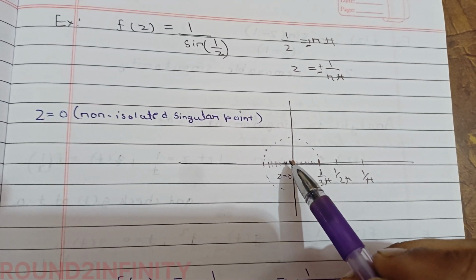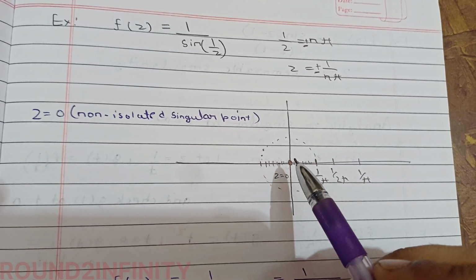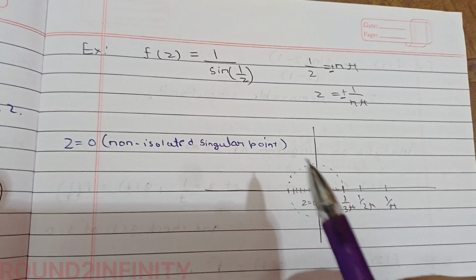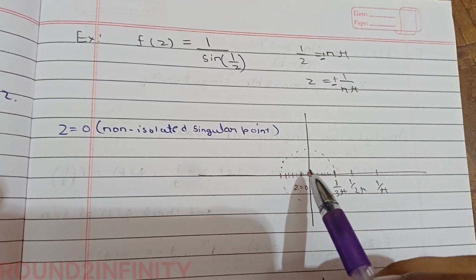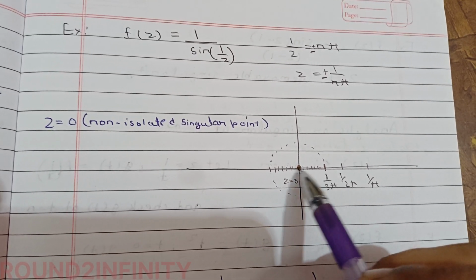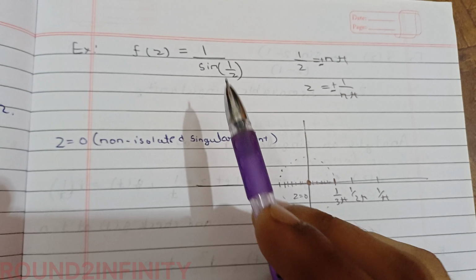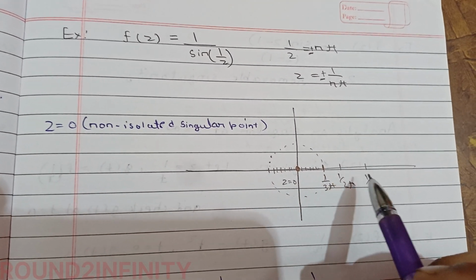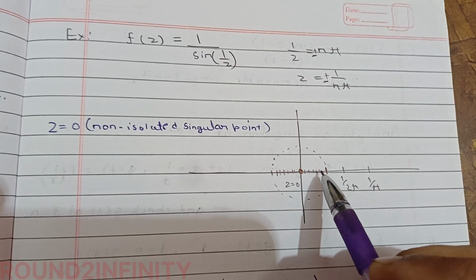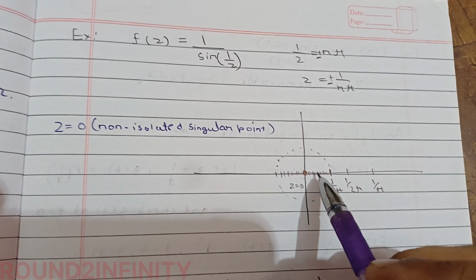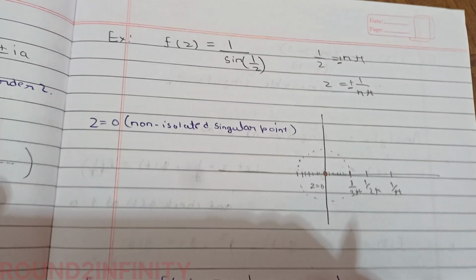So z equal to 0 is a non-isolated singular point. This is the example of a non-isolated singular point, because in all the neighborhoods of this there are singular points. You can see this distance is becoming less and less, and you will get infinite singular points here. That's why it is non-isolated.